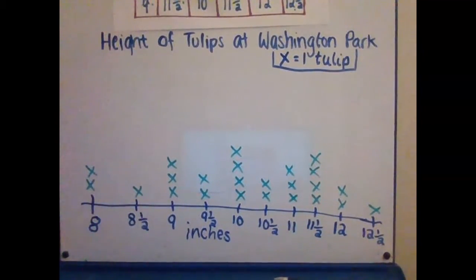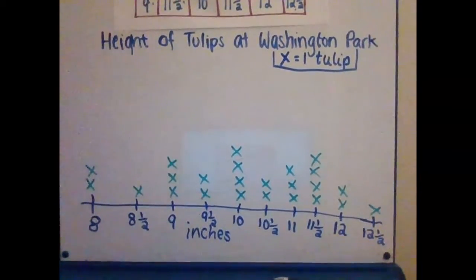Okay, next question. What height of tulips is the most frequent? Go ahead, pause the video and look at the chart, figure it out, and then come back. I hope you're back with an answer.